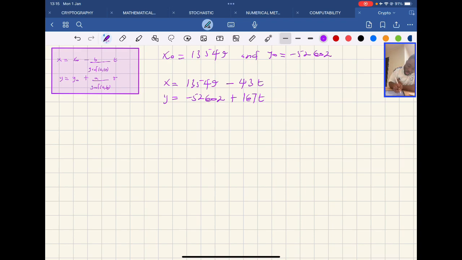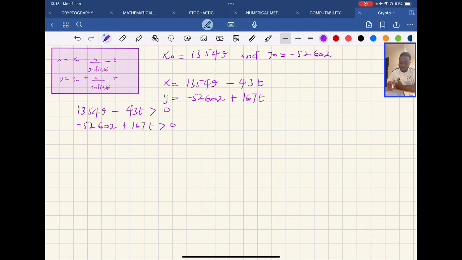So we are going to get 13549 minus 43t, because we want positive integers, this should be greater than 0. Also, minus 52602 plus 167t should also be greater than 0.